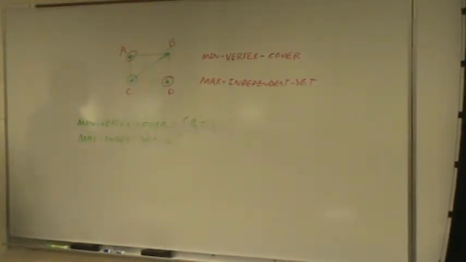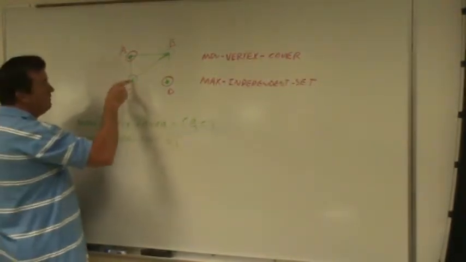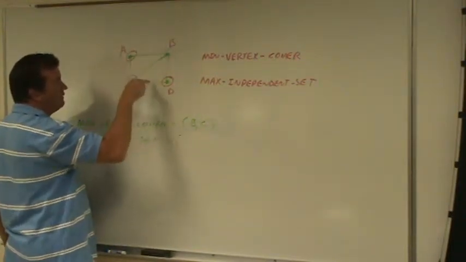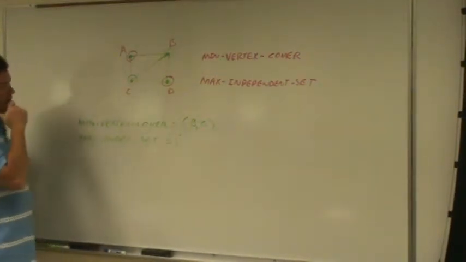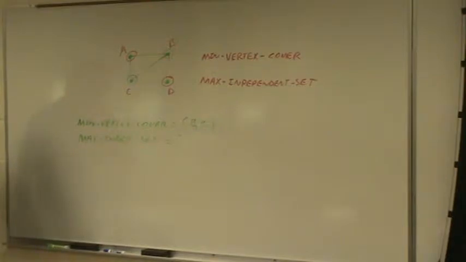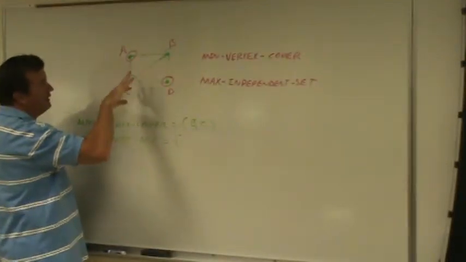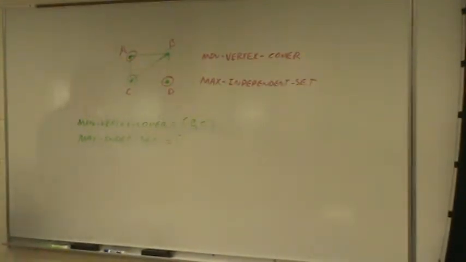You missed something. So as soon as you can find the minimum vertex cover of a graph, you have also found the maximum independent set, because whatever was left over has to be an independent set.